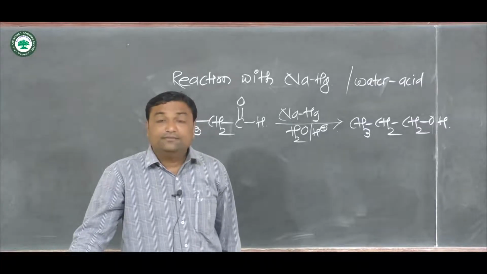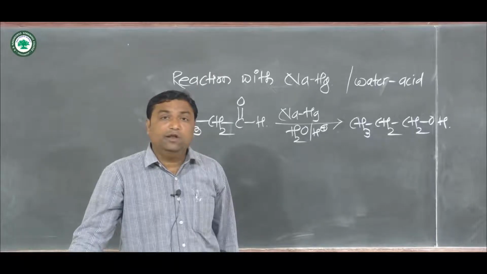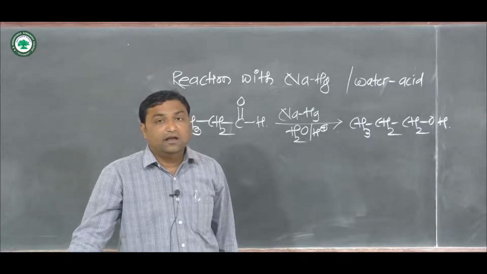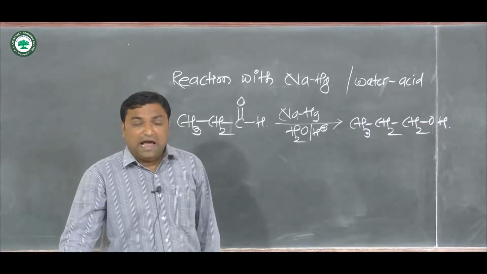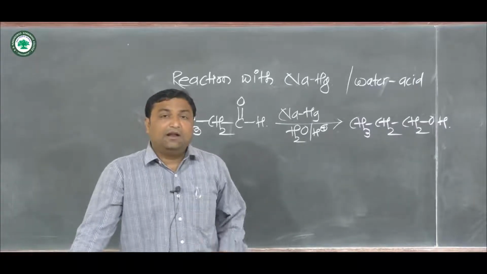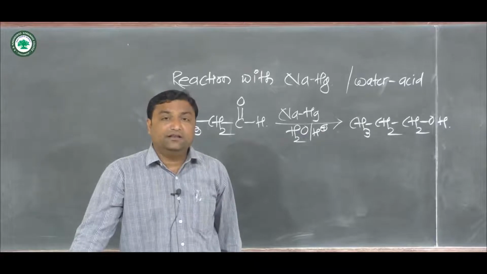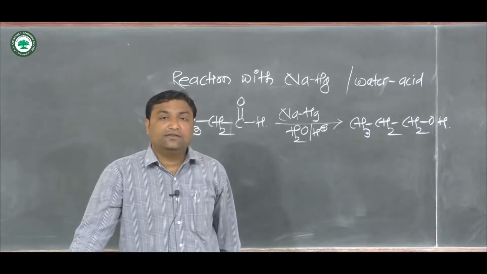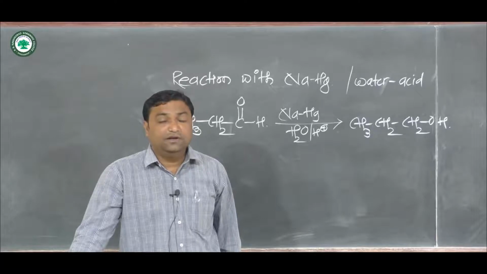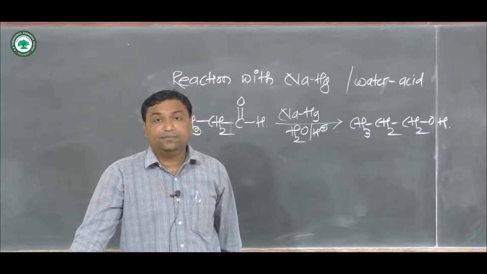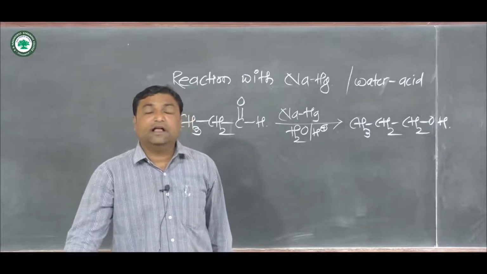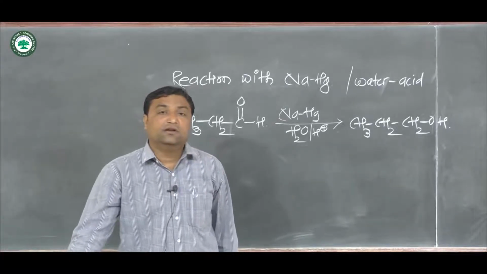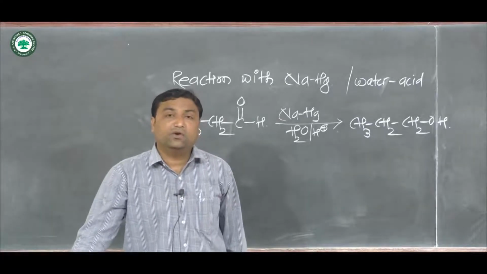Now, we know that lithium aluminium hydride contains hydride ion, and carbon-carbon double bond, that is alkene, also has a pi bond. It means it has pi electrons. That's why, due to the pi electrons, the alkene becomes resistant to nucleophiles.